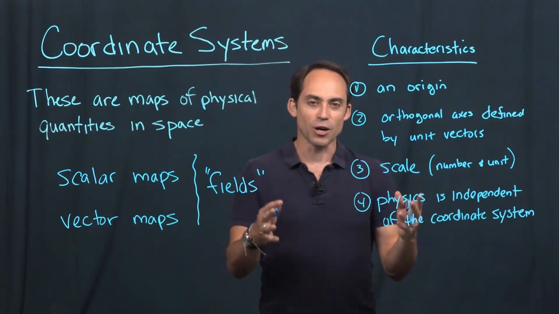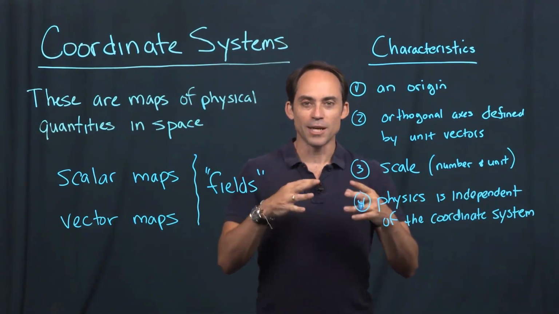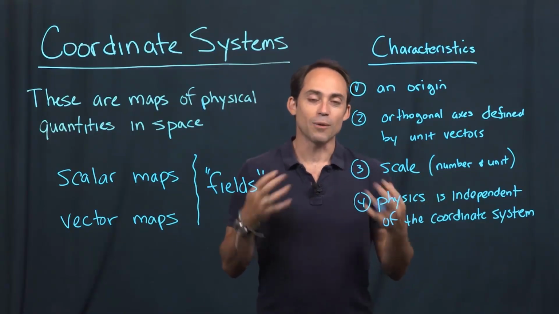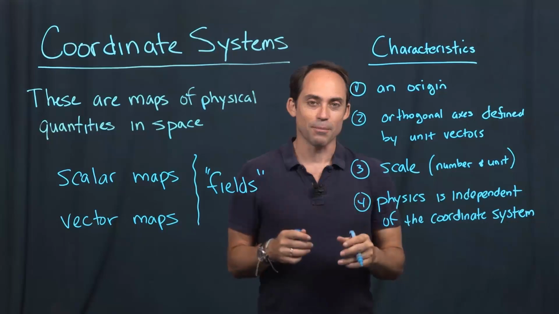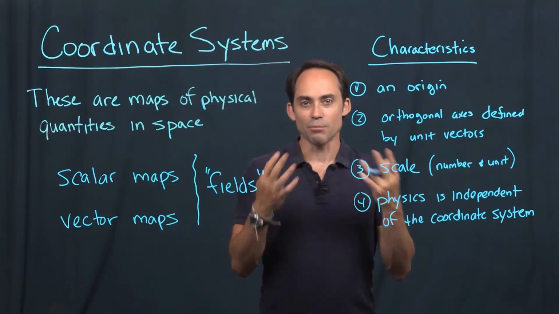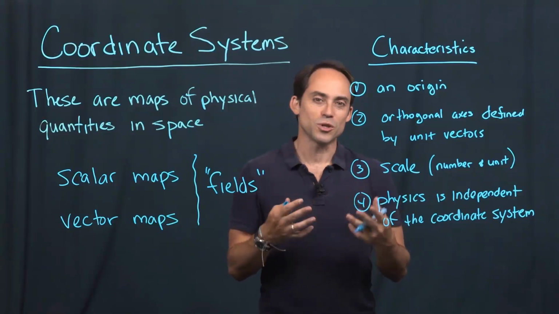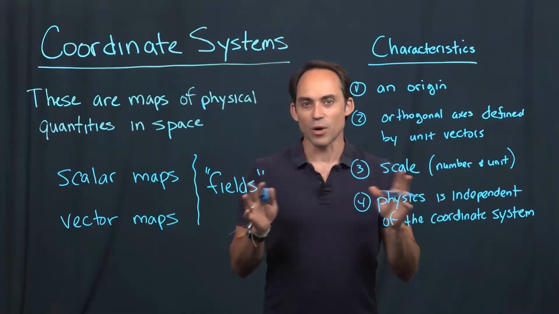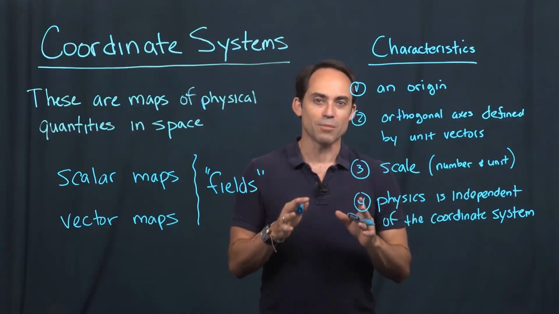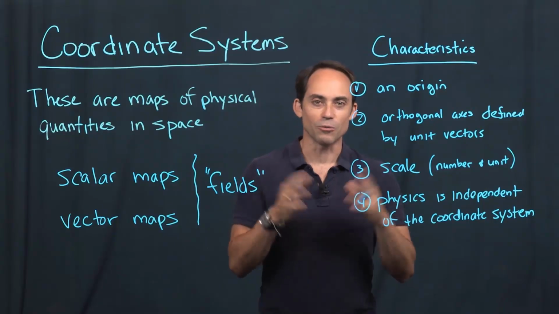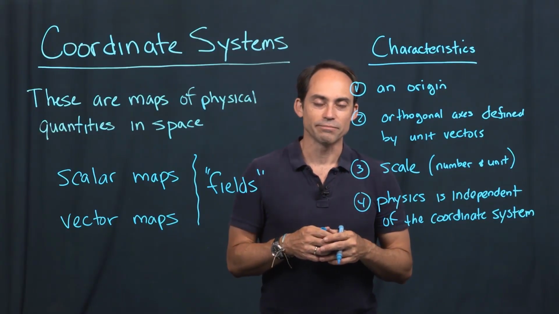And so when we talk about the actual problem, that problem exists in space. It's something that you can solve. The coordinate system is something that we decide to map onto that problem in order to solve it. And so most of the process of choosing coordinate systems is choosing a coordinate system that makes the problem easiest to solve. But independent of whatever coordinate system you choose, you should always come up with the same answer in terms of, for example, the acceleration or the velocity or position of the objects that you're interested in.